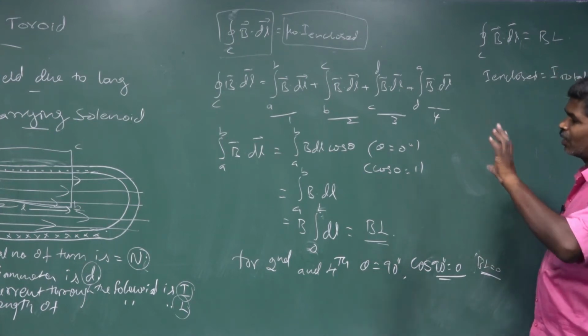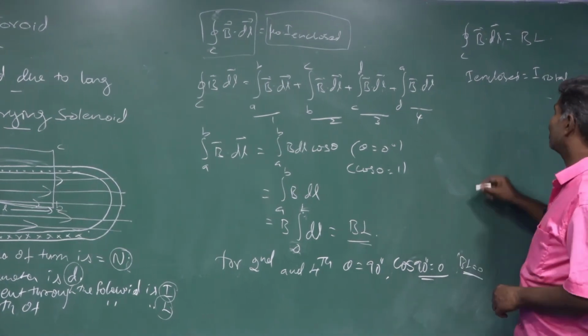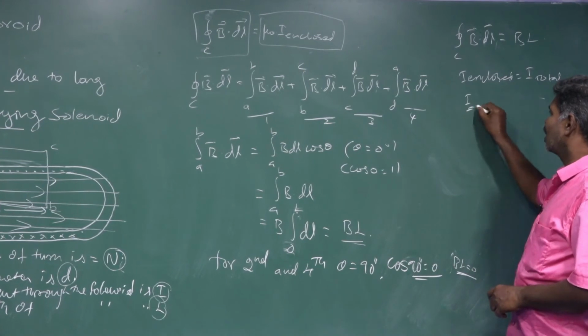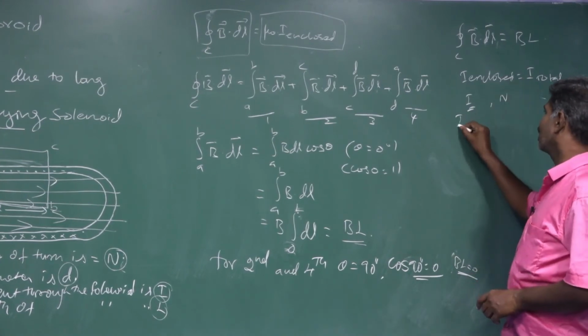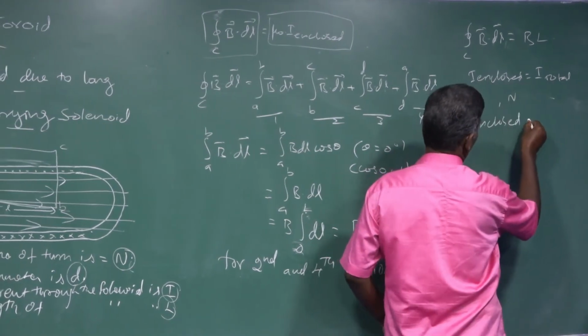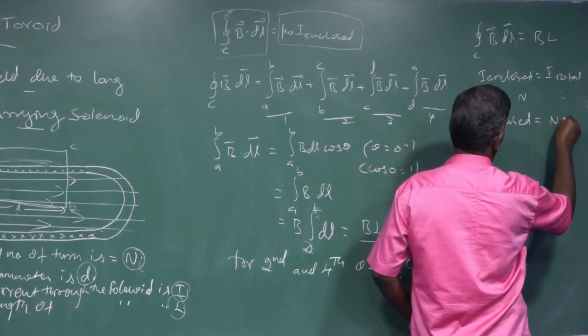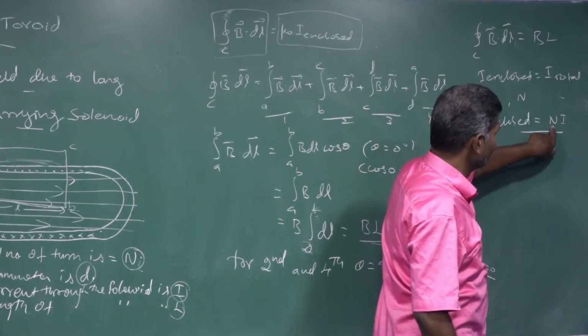What does the total current mean? For each and every turn, the current through each turn can be taken as I, and the total number of turns is N. So I enclosed is equal to NI.